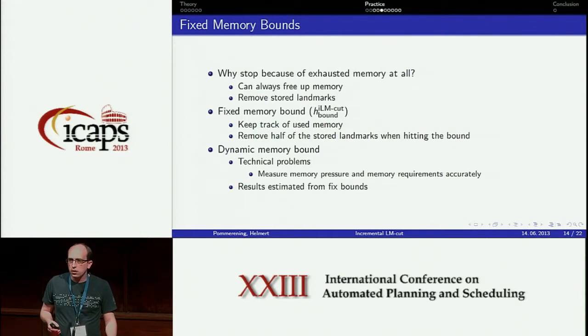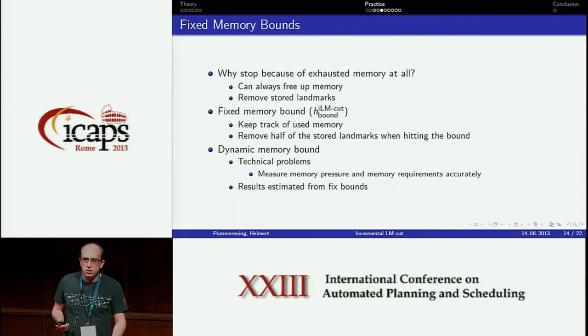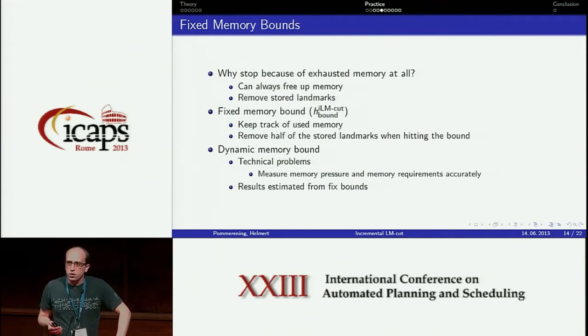But this is technically very challenging because it requires measuring the memory pressure of the program and also the memory requirements of the program accurately, which is hard because of the data structures in C++ and the overallocation they use. It's hard to predict how much memory will be needed, actually.